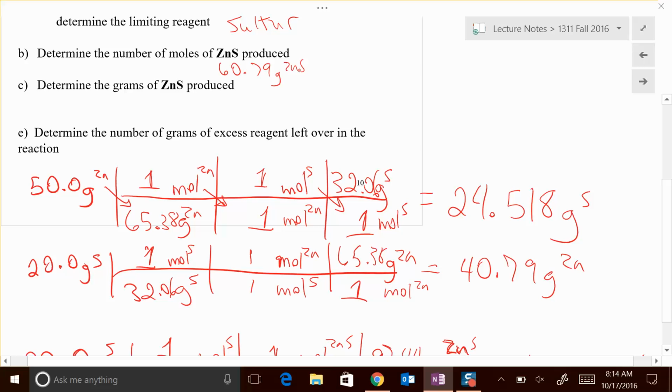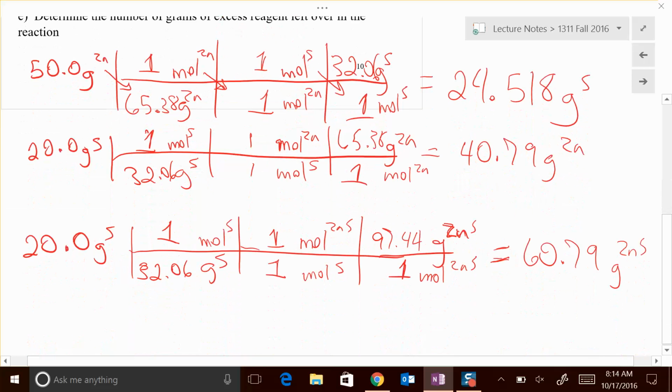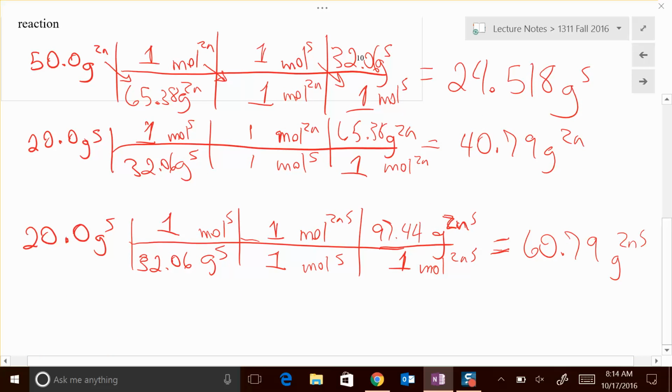Oh, moles. Oh, did we skip that? Whoops. 60.79 grams of zinc sulfide. Okay, it's not 1 mole. No. Let's just go back and do 20 divided by 32.06. What is that? That's just this first part. That's where we would stop for the moles of zinc sulfide.